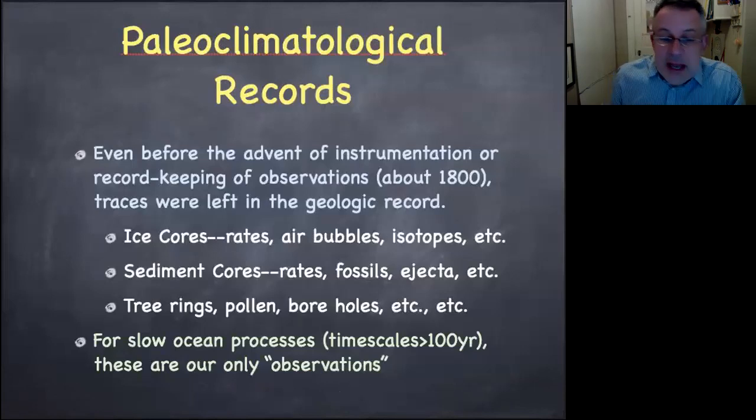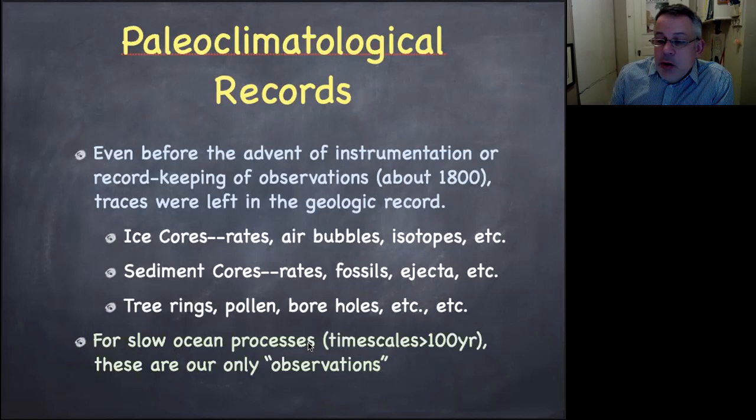And the last thing that I want to talk about was paleoclimate records. So a lot of you have taken the paleoceanography class from Tim, or the Quaternary paleoclimate class from Jim, or other paleoclimate classes in our department. Anyway, the key tools are things like ice cores and sediment cores, but also land-based things like tree rings and pollen, which give us a sense of the past climate and geologic record.